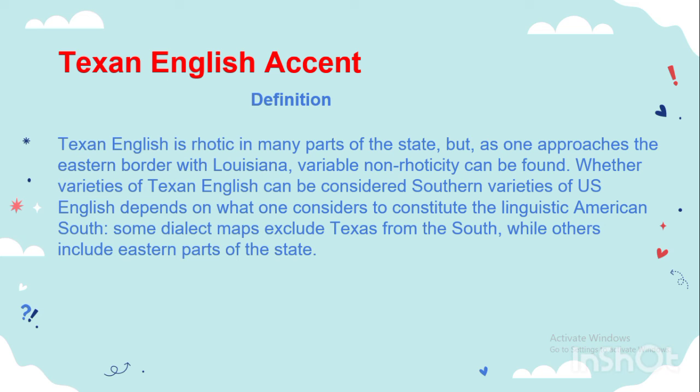Many of the pronunciation features one encounters in Texas can be found in neighboring states, but there are some pronunciation features that are said to be specifically Texan. Texan vowels.